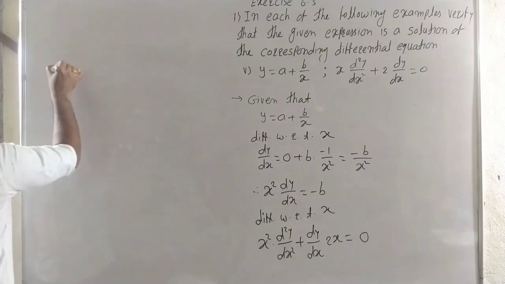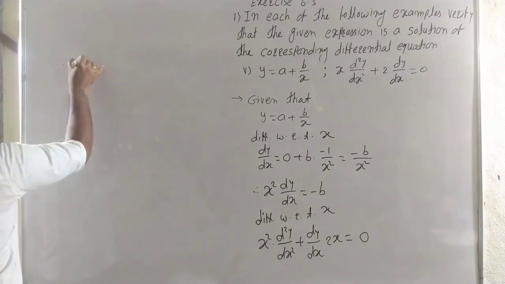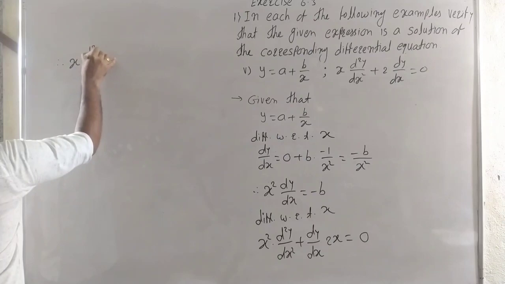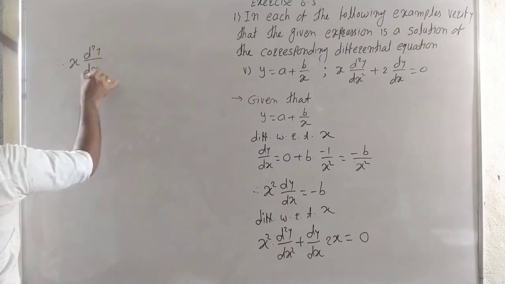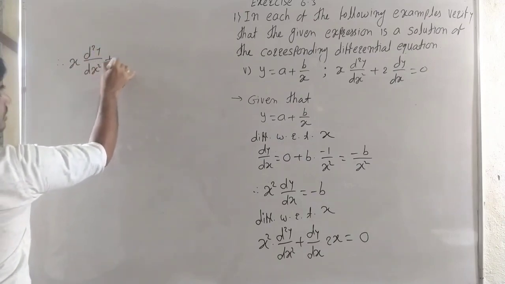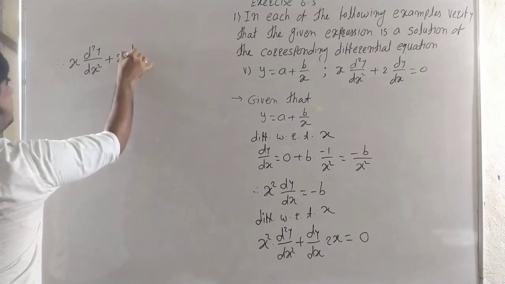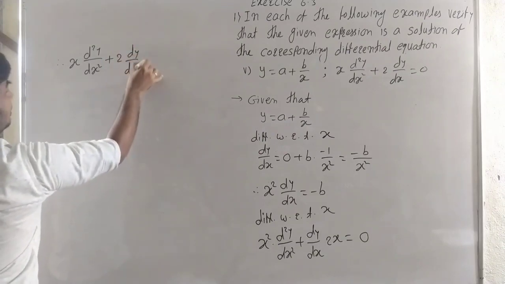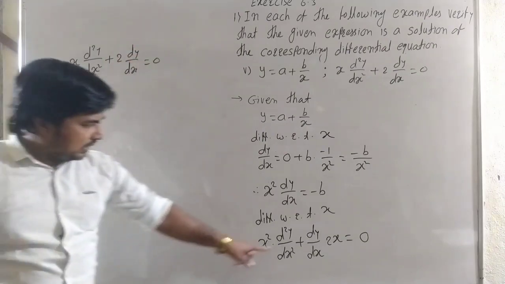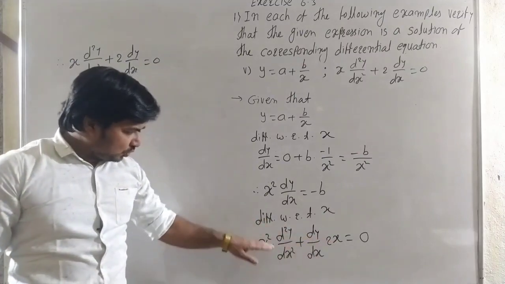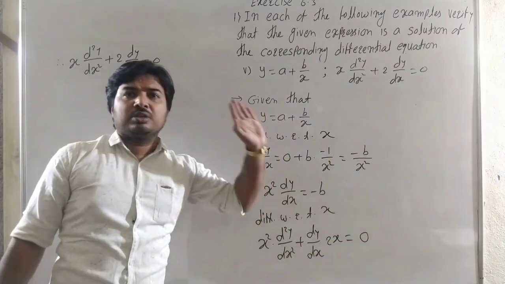Therefore we get x d2y by dx2 plus 2 dy by dx is equal to 0. Here we take x common and it will be 0.